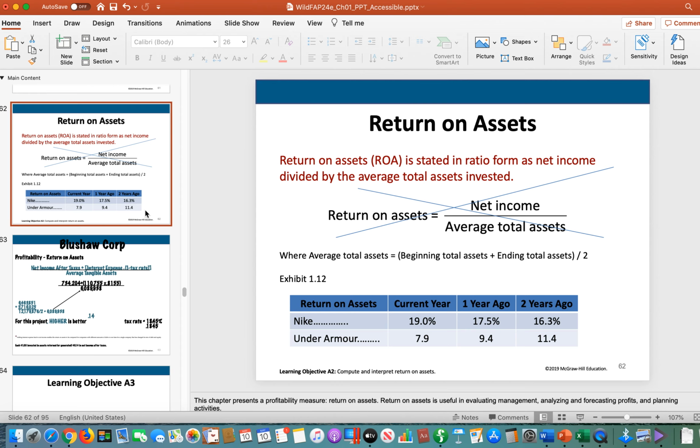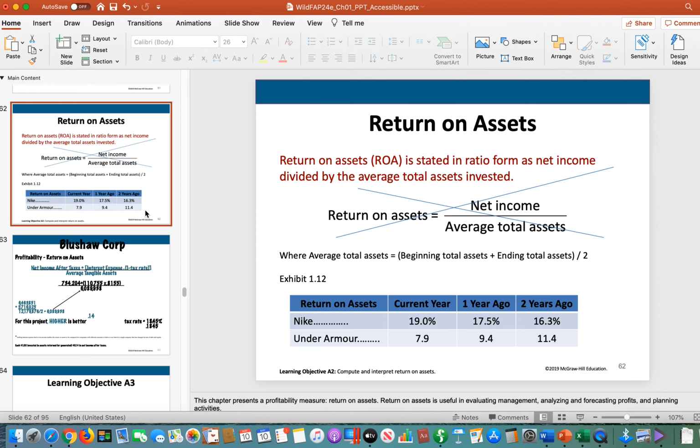ROA, or return on assets, means, in effect, for every dollar that you've invested in assets, how much is returned as net income. Again, return on assets means for every dollar that you invested or used to obtain assets, how much of it was returned as net income.